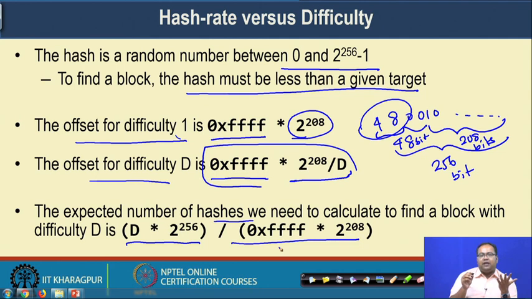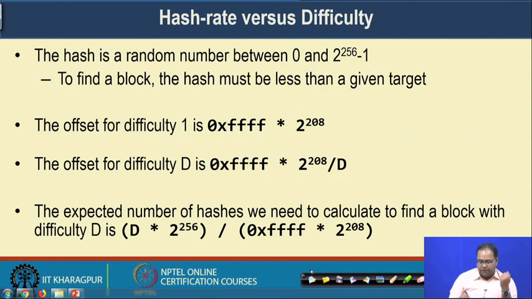So, that is the expected number of hashes that you need to perform. So, this difficulty level dynamically changes the amount of hashing that you want to do. If you increase the value of D, if you are providing more difficulty, you have to generate more hashes to get the resultant target.